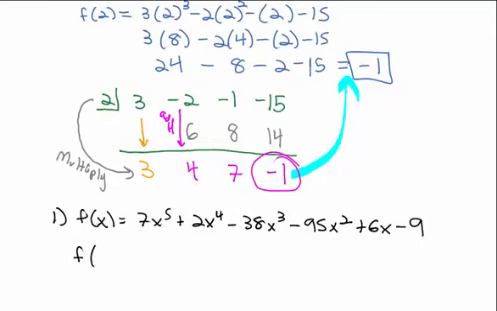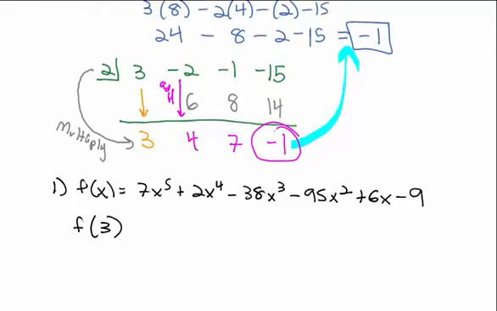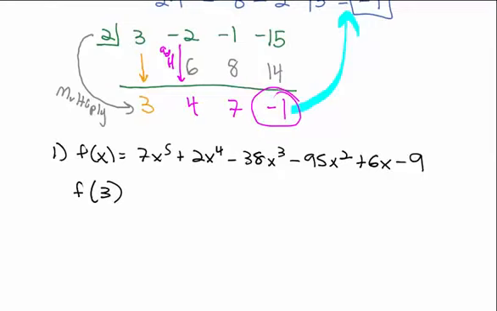And we're going to be asked to find what f of 3 is. I really don't want to plug 3 into this long thing and work it out. It is going to be a pain.